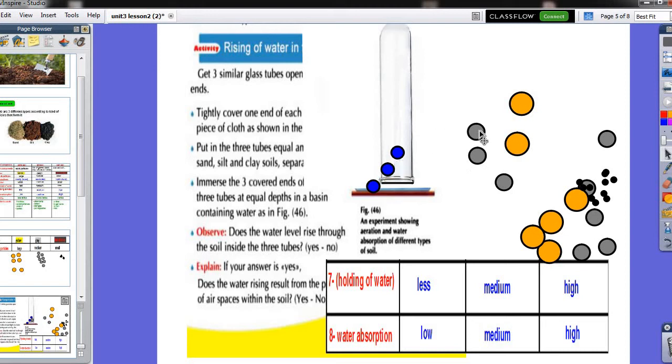Okay, then I will put the particles of the clay. They are very small, and the spaces between the molecules are tiny, and the holding of water is high.